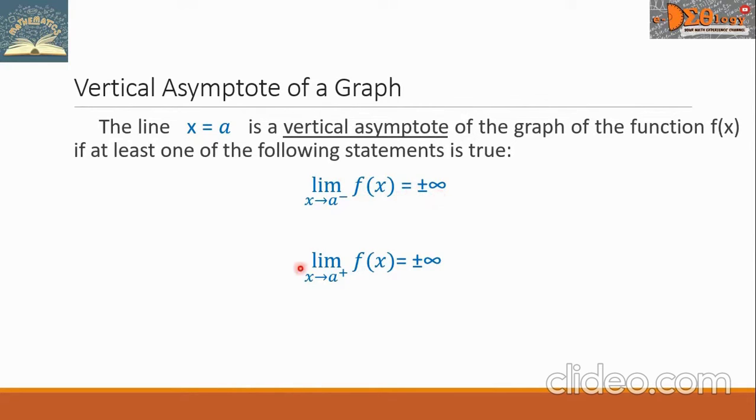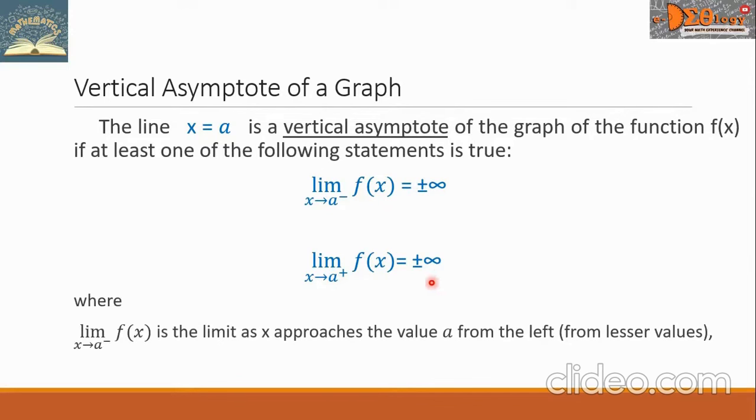The second statement is about the right-hand limit. We write the limit of the function f of x as x approaches a from the right equals plus or minus infinity.